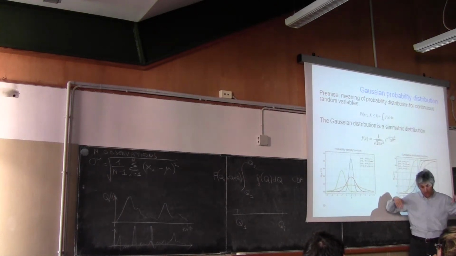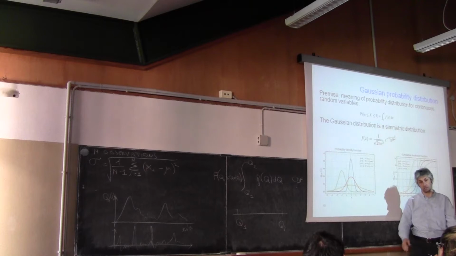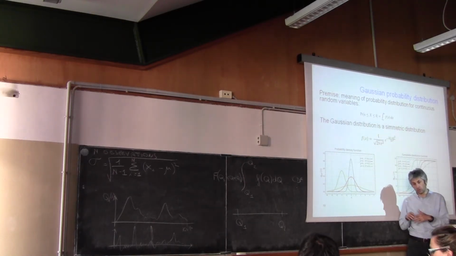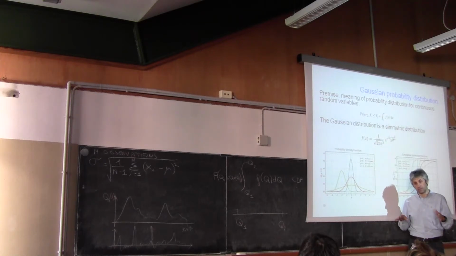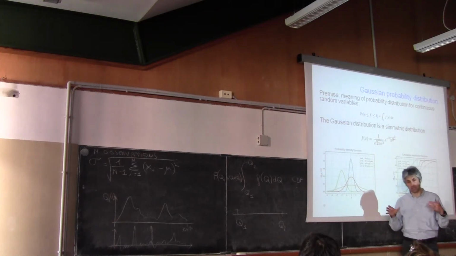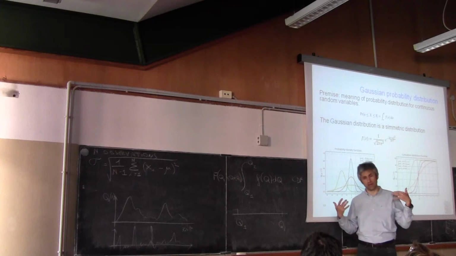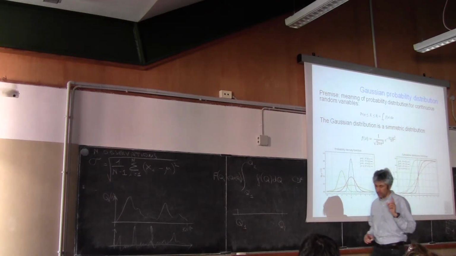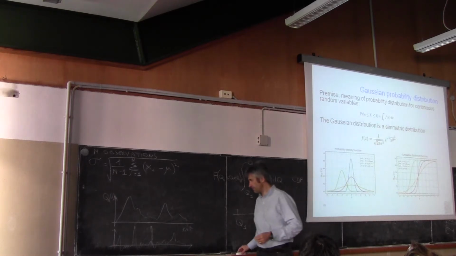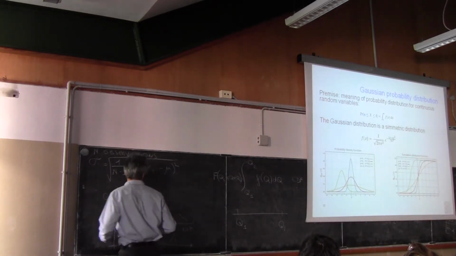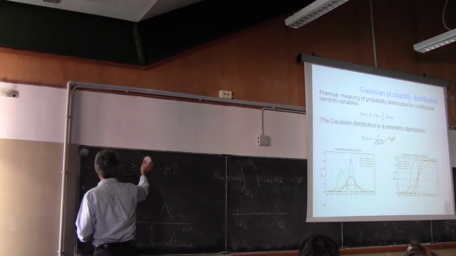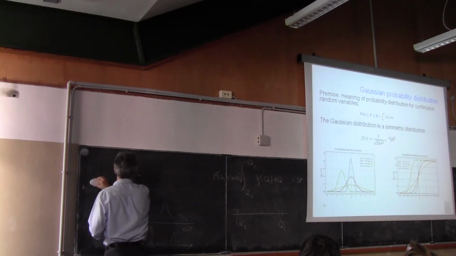In any case, it's rapidly converging to zero. And this is a prerogative of the Gaussian distribution. Usually the Gaussian distribution doesn't exhibit, let's call them outliers.